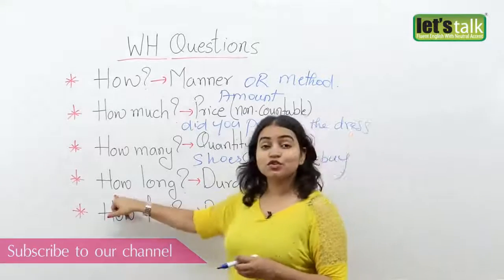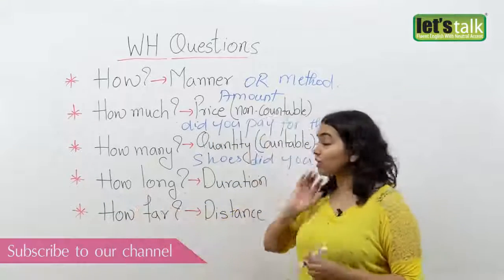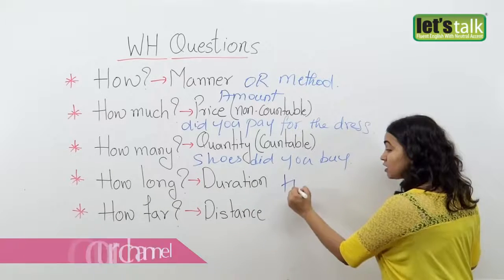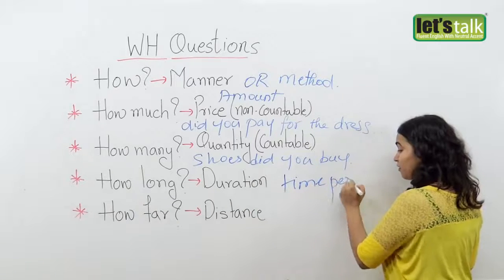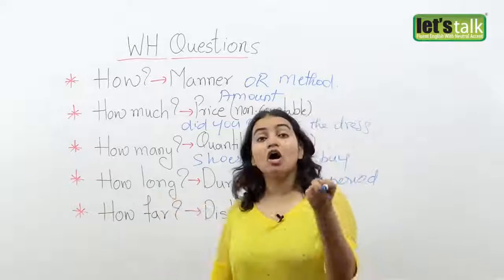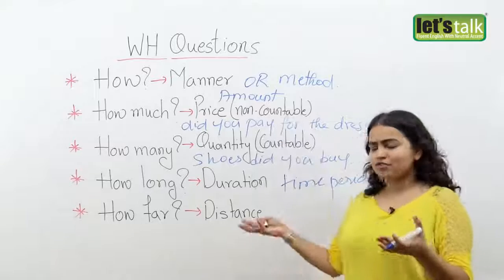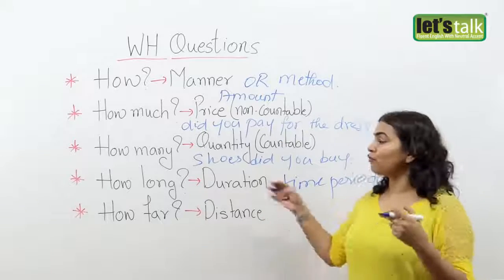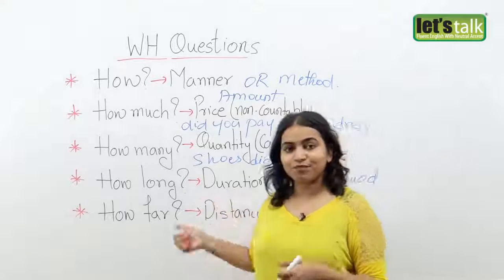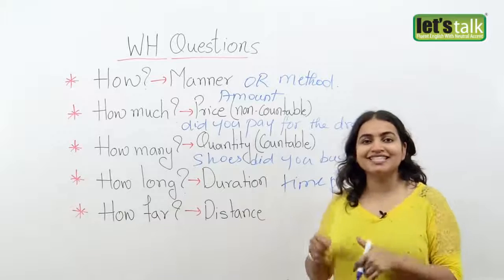Now, you can also use the word how followed by the word long when you are talking about the duration. Or in other words, you are talking about the time period during which something happens. So I could say, how long did it take you to travel from Dubai? So your answer could be, it took me 2 hours or 4 hours. So we're talking about the time period or the duration. Or you could say, how long did it take you to finish this lesson?